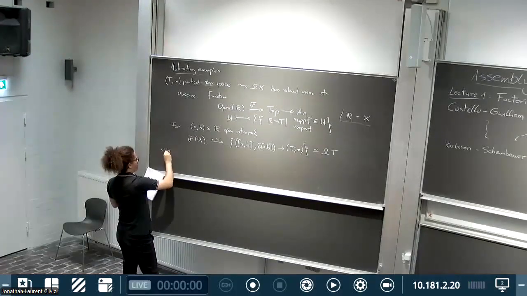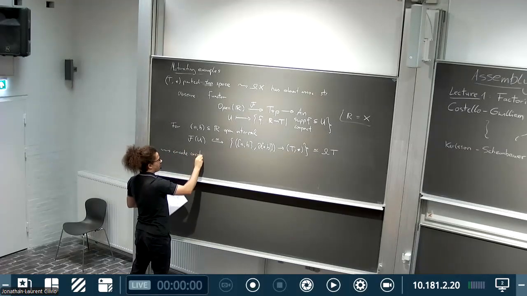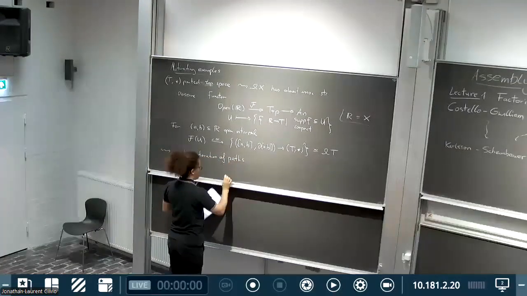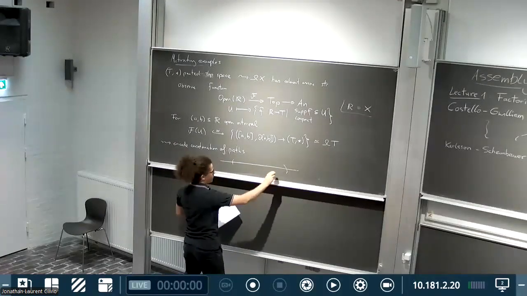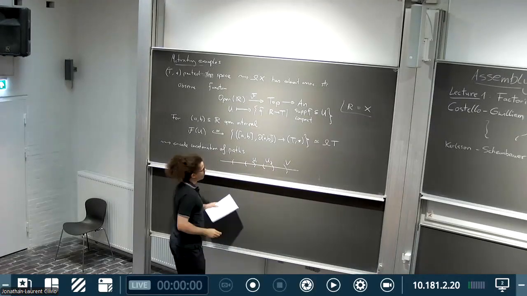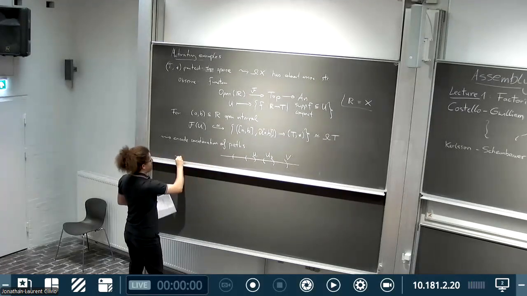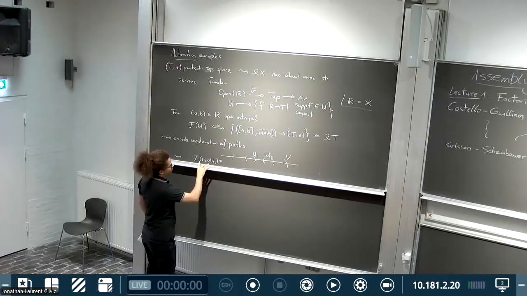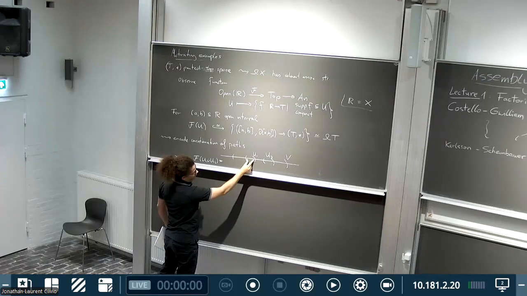So from this, we can encode concatenation of paths, because what we can just look at is, we have a real line, and then if you look at nested intervals, let's say we have an interval V, and inside it we have two intervals U1 and U2, then if we look at what our functor does to this, we see that we have F of U1 disjoint union U2, which, having a function that's compactly supported on this disjoint union, is the same data as just giving the value of the function here and here.